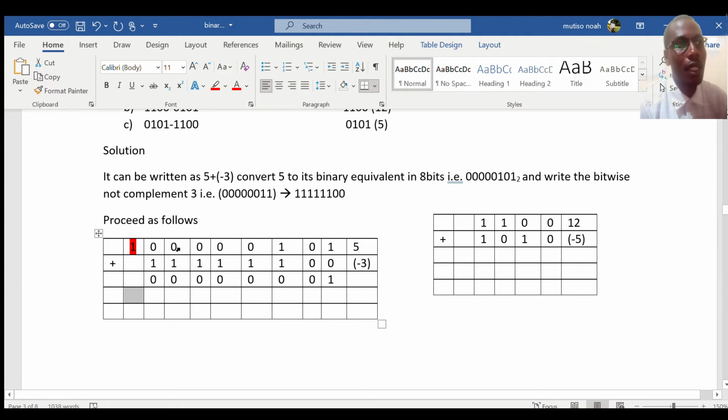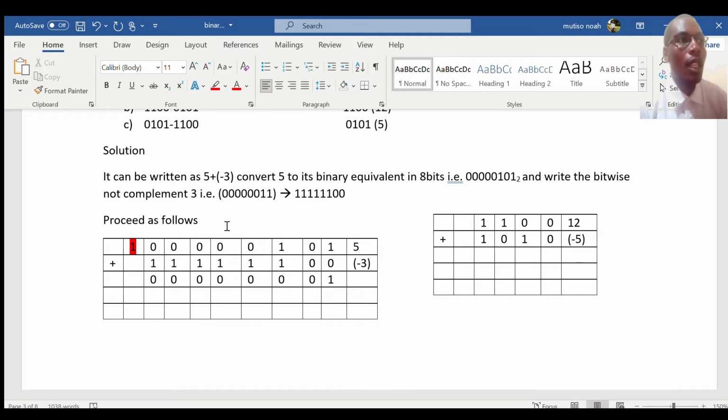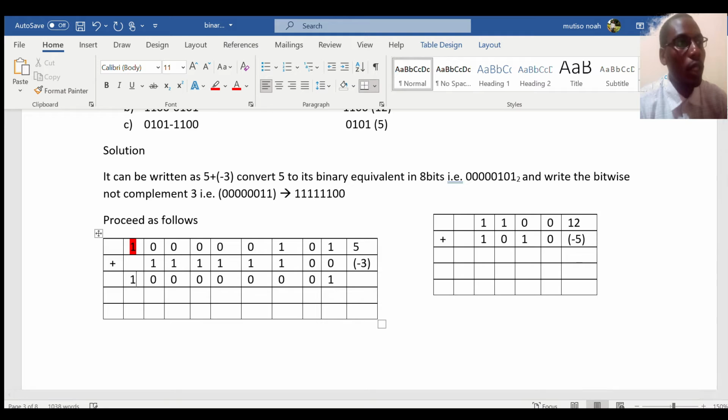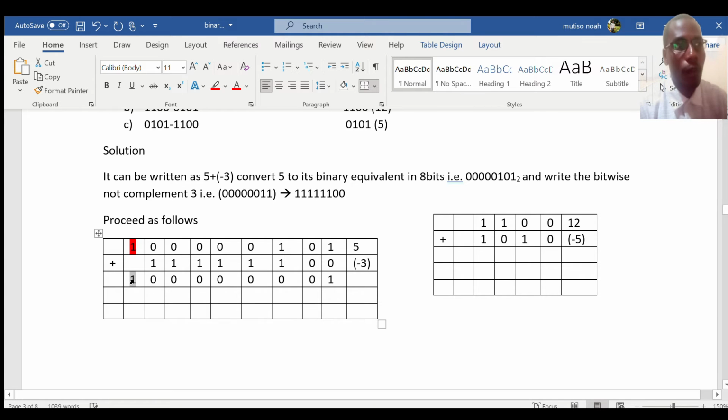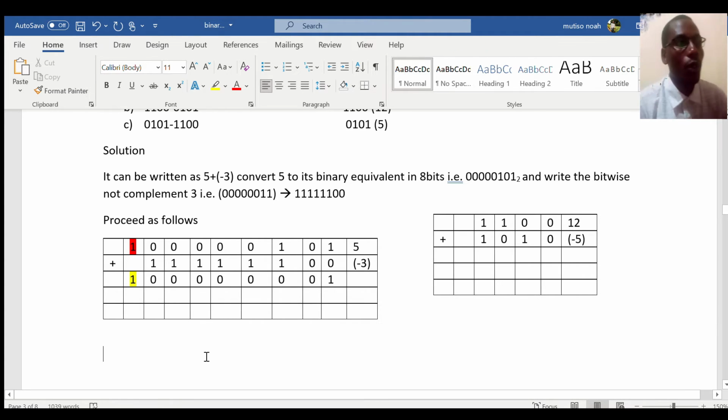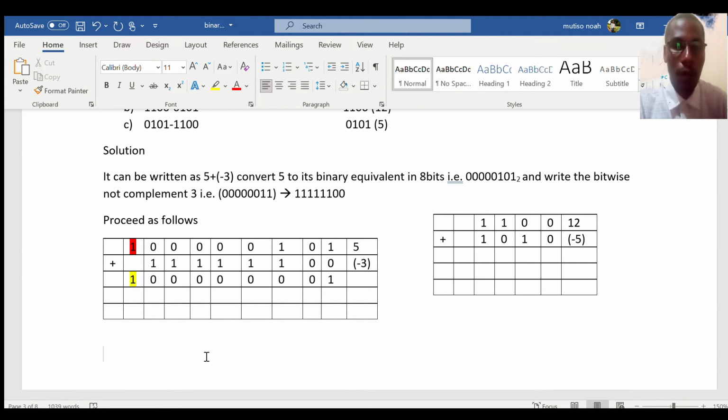The one which is highlighted in red is the carry out number, and it is also the overflow bit. 1 plus nothing, obviously we are going to get 1, which is the overflow bit. I can just highlight it for you to see. The highlighted one is the overflow number, or the overflow digit, or the overflow bit.